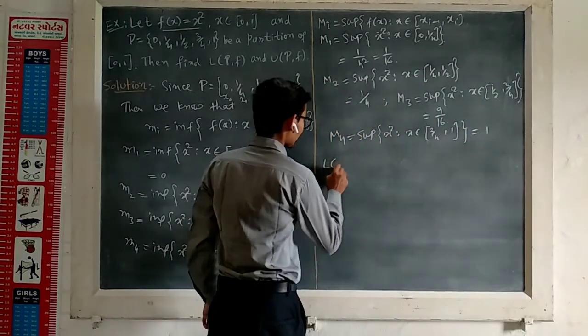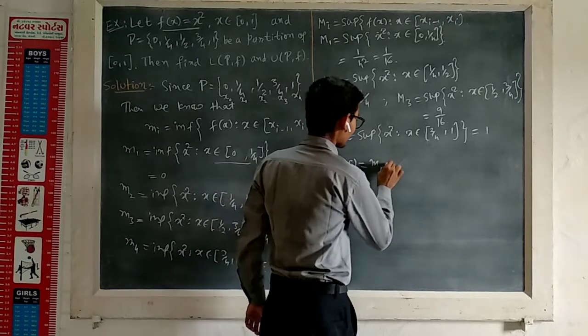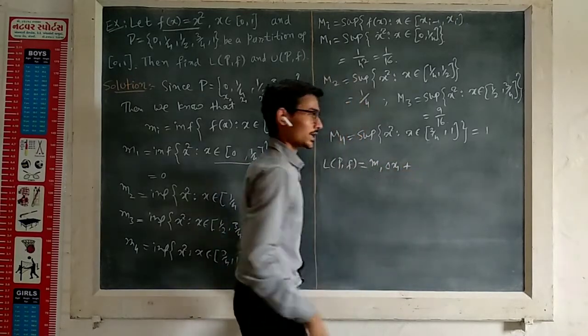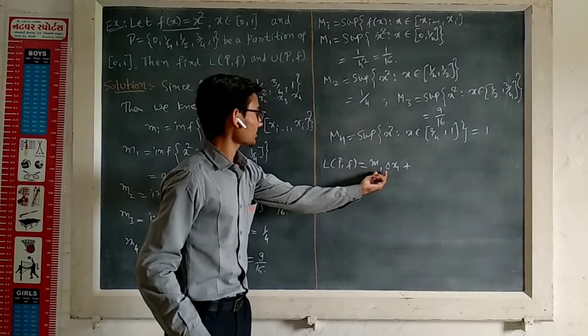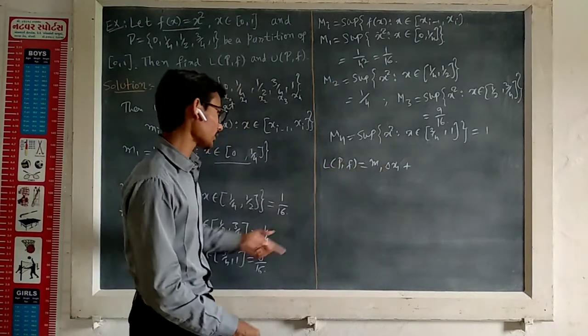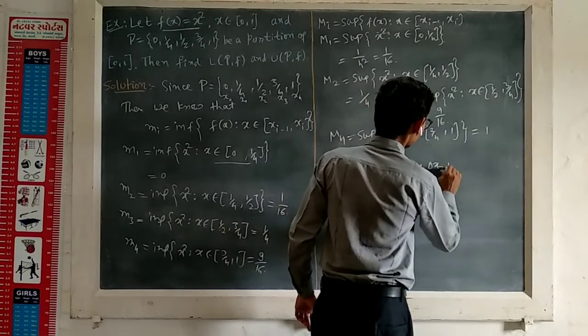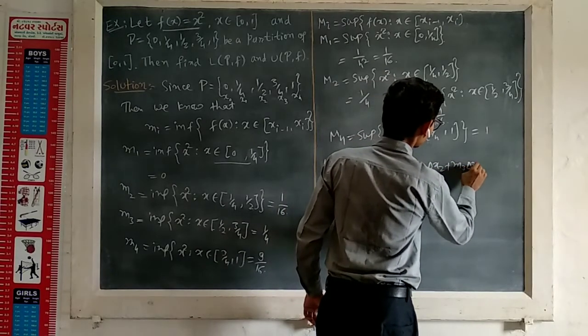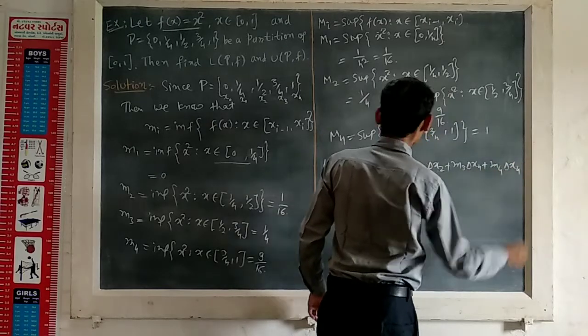Now we know that the definition of LPF is the summation of small m i delta x i. Value of small m is 4. So m1 into delta x1, m2 into delta x2 plus m3 into delta x3 plus m4 into delta x4.